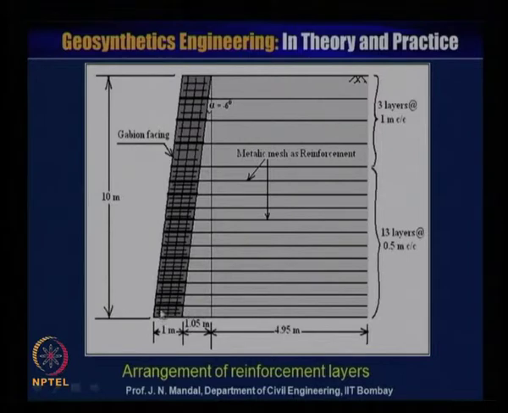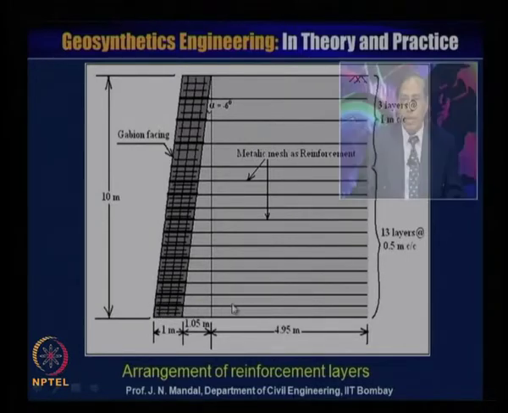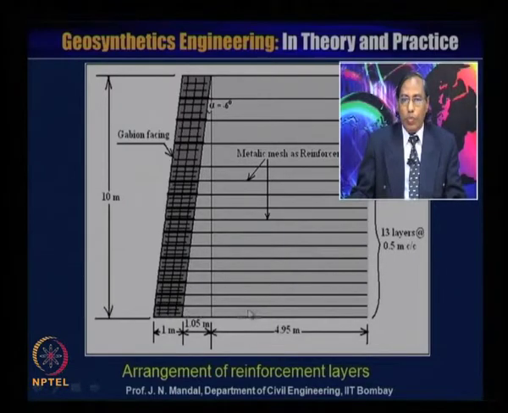So you also need a proper connection of the gabion with this metallic reinforcement. A proper strip is to be connected. So gabion wall is generally a 1 meter cube. So in the bottom part you have to make half, that means 0.5 meter, then place the reinforcement, then 0.5 meter, then you place the reinforcement, like this up to that 13 layers, and after that this is 1 meter length.